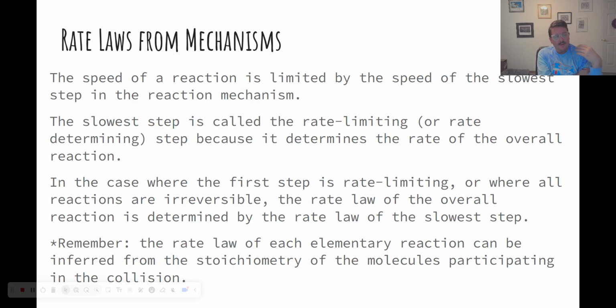And then remember, if the slow step comes after that, you cross out any intermediates or anything that was produced and then reconsumed, and you add up all the reactants left over. We're going to get back to that in 5.9 specifically: the pre-equilibrium approximation, and other ways to deal with the first step not being slow.